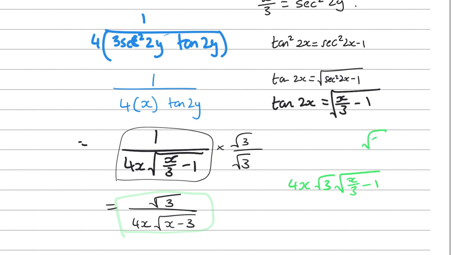Now, remember that root 5 times 4 is the same as root 20, is the same as the square root of 5 times the square root of 4. That's exactly what I'm going to do. I'm going to get 4x square root 3 lots of x over 3 minus 1. I then multiplied 3x over 3, I've got x, and then 3 times minus 1 gives me minus 3. Okay, so I've just done that in one step. So that is how we get the second part of the question.